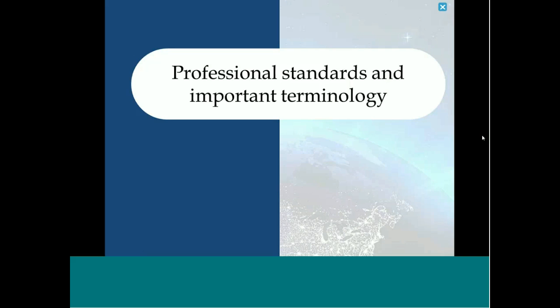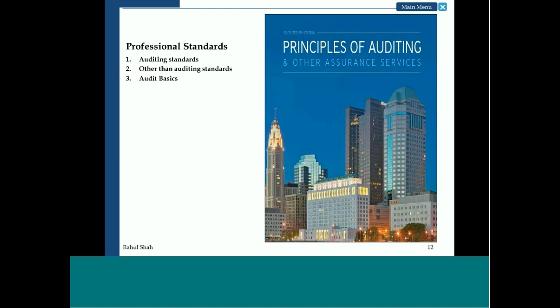But yes, different things are available. Different services are available in this auditing, or say when you say assurance services. So assurance has different wings. It has different kinds of services. We will understand today, so let's understand a few things before we think about the auditing subject. What are professional standards?